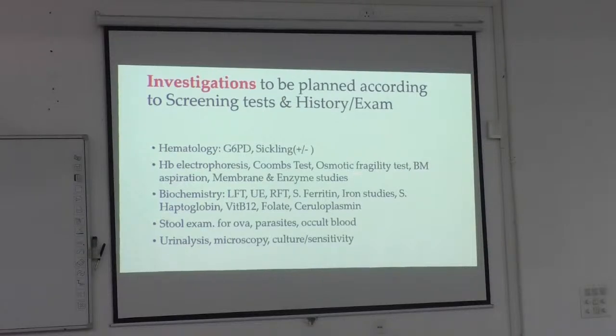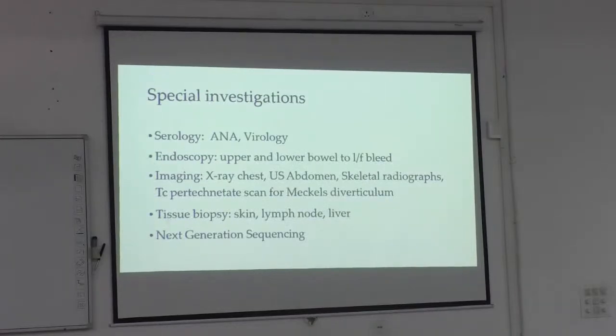It should be deleted. Then, in case of malignancy or infiltration, you go for bone marrow study and membrane and enzyme studies, right? In biochemistry, these things, stool examination, ova parasite and urine analysis. See here one thing, ova parasite, they have not mentioned about cyst, because cyst do not cause disease. Special investigation, in case of autoimmune hemolytic anemia, you go for ANA, other virological tests if necessary.